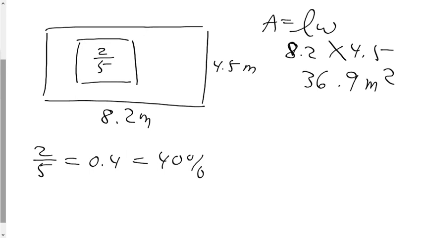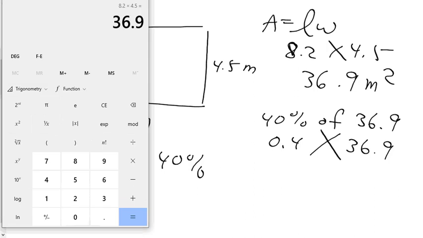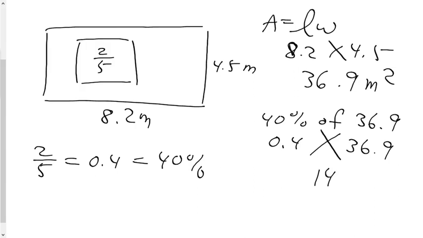So the best way to do it is this. 40% of 36.9 as a calculation will be 0.4 times 36.9, right? That's what the rug is going to account for. Grab my calculator. What is 40% of 36.9? The answer is 14.76. Is this 96 or 76? 76. So the area of this rug, which I'm now going to erase, the area is 14.76 square meters.